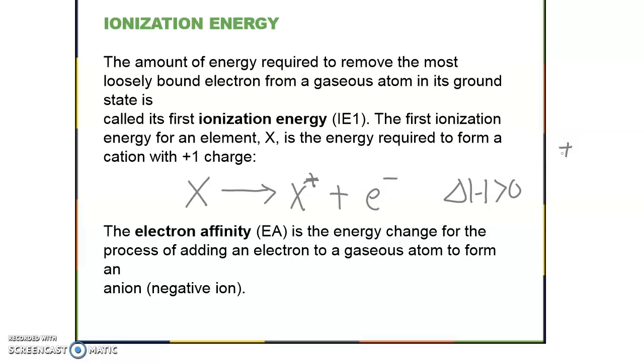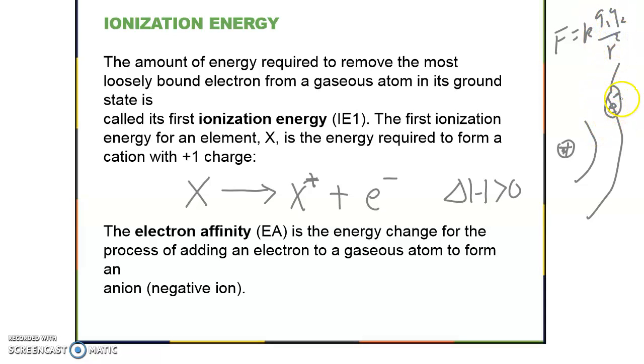Let's look at this. If this is a nucleus with a lot of positive charge inside, and the electrons are out here, the electron that is further away from the nucleus will be easier to remove. Why? Because it's just further away, and according to Coulomb's law, the force will be K times Q1 Q2 divided by R squared.